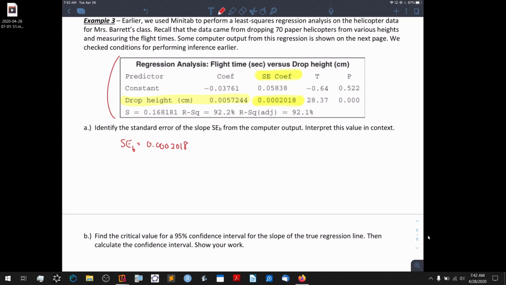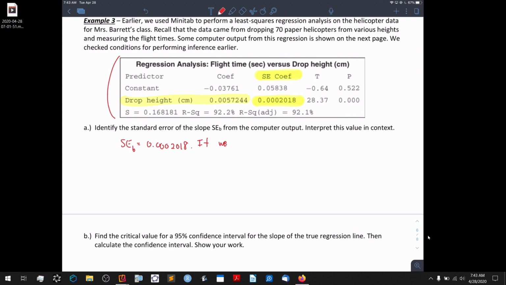All right. So remember what standard error represents. Standard error says how far, on average, would the sample statistic vary from the population parameter. Okay, and so you would say this is the interpretation. And this is very useful again for all of the review we've done for all of the inference procedures.